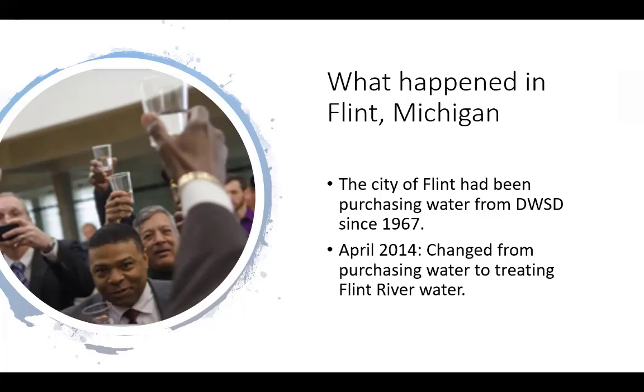In April 2014, the city changed from purchasing water from Detroit Water and Sewer to treating Flint River water using that plant that had essentially been mothballed since 1967. It had been operated in part a few times a year, but that water had always been discharged back into the Flint River, never distributed to the community.